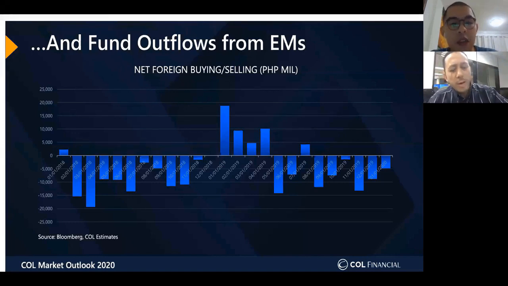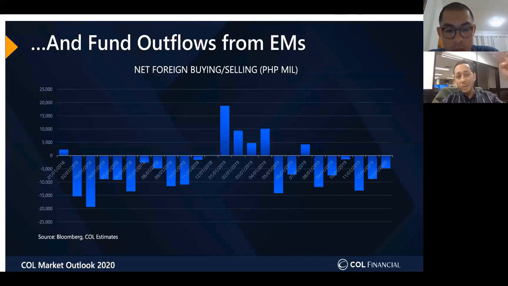Yep. All right. So from an evidence point of view, you'll see that even from 2018, it's pretty much been foreign selling. And this is doubly important for the Philippines because for some of you who don't know, the average hot money component or net foreign buying selling component in Asia or even Southeast Asia, on an average on a daily basis, is somewhere between 20 to 25 to as much as 30%.